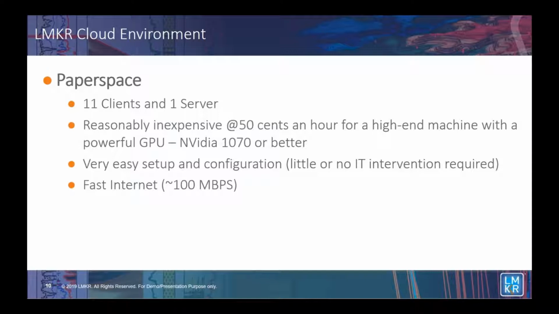And also, we wanted fast internet access. The machines that we're using on the cloud seem to have 100 megabits per second internet access. So when I surf, I tend to surf on my cloud machine. I don't surf on my office machine because I actually get faster internet on the cloud machine.